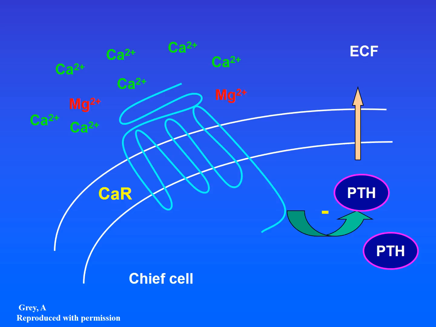And it follows then, as we'll see later on, that if this receptor function is disordered, either it's constitutively switched on or there are mutations which inactivate the receptor, then those conditions will lead to perturbation in the calcium parathyroid hormone axis, and such conditions are now clearly elucidated and clearly described.